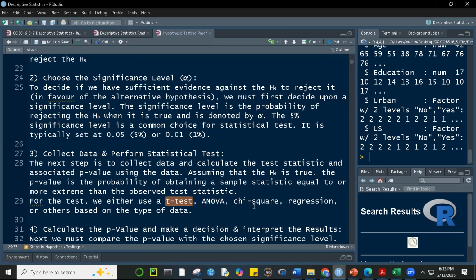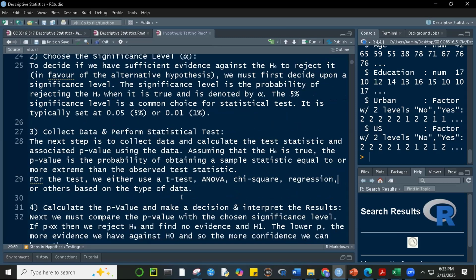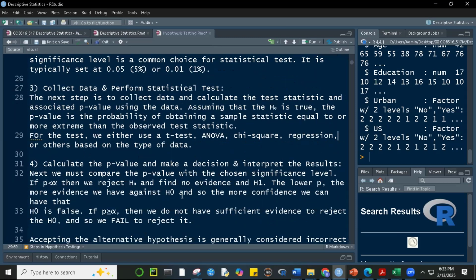For next week, chi-square, and then we're going to start already with our discussion on multiple linear regression, okay, which is very important to us. Okay, that's the main model that we're going to look at. Okay, after we collect the data, we calculate the p-value and make a decision and interpret the results.